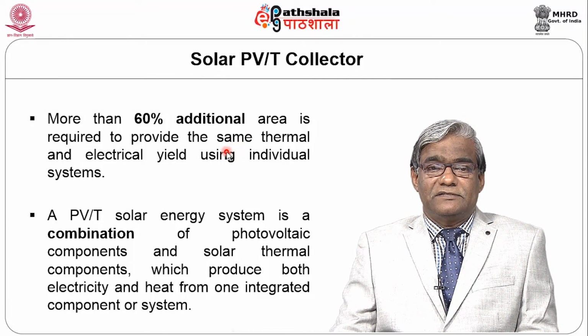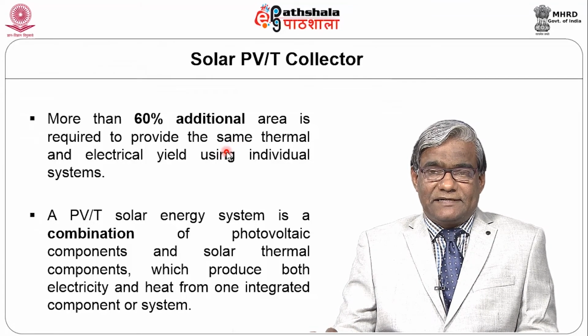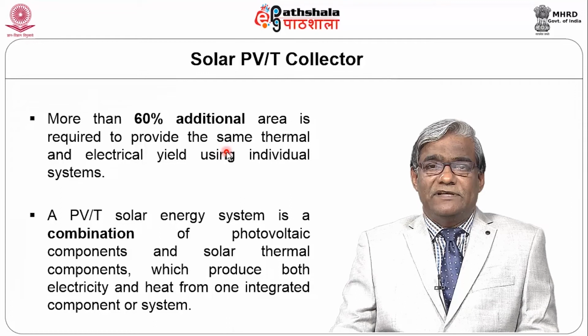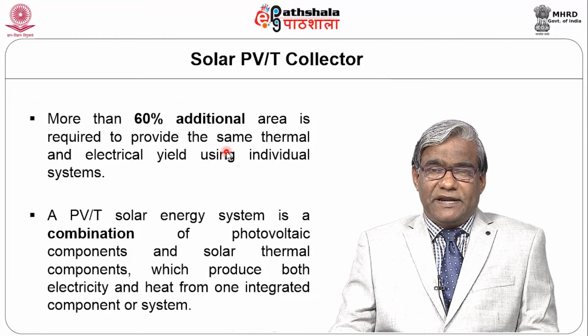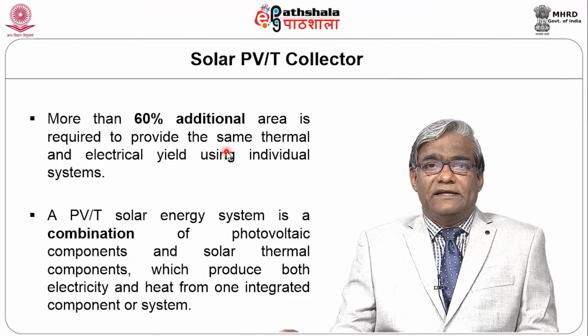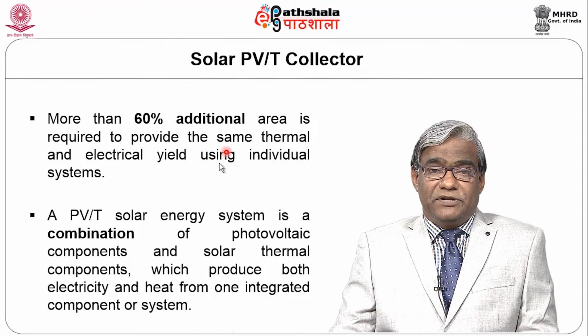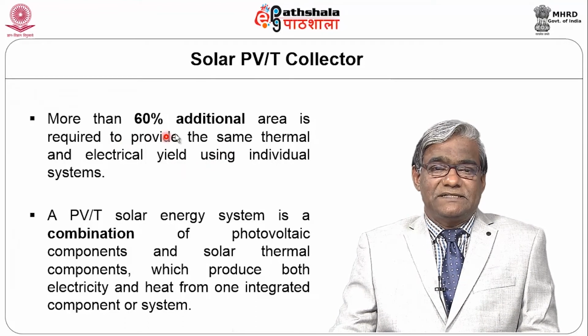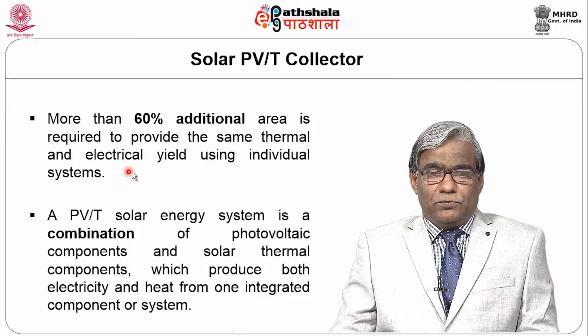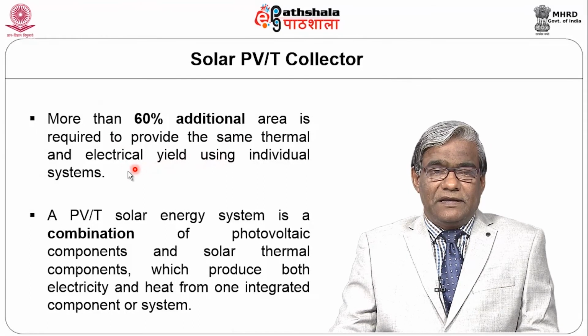Some advanced research is being conducted, and instead of having a separate solar flat plate collector for water heating and a solar PV system separately for electricity, we can have a combination as one system, so that area can be reduced. More than 60% additional area is required to provide the same thermal and electrical yield using individual systems.